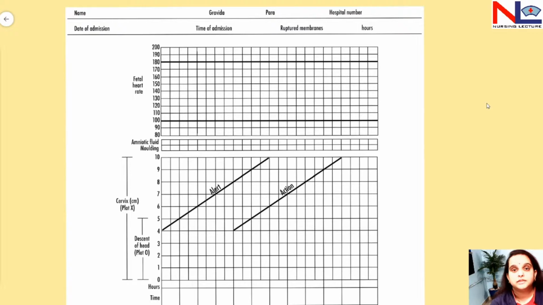So, here is another version of the partograph, that is called the modified partograph. I will show you what all things we are measuring in this partograph. Firstly, the identification data.